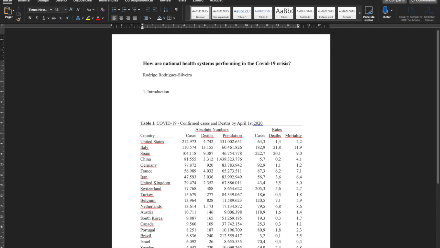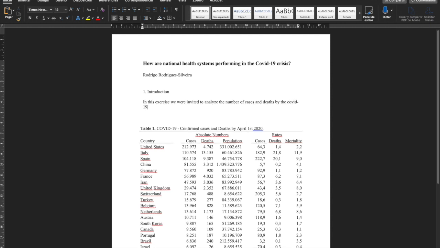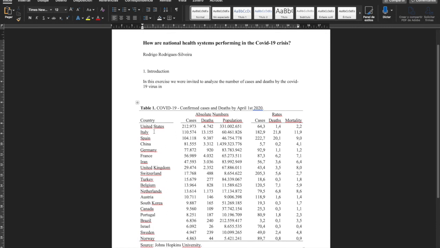So in this exercise, we were invited to analyze the number of cases and deaths by the COVID-19 virus in how many countries?